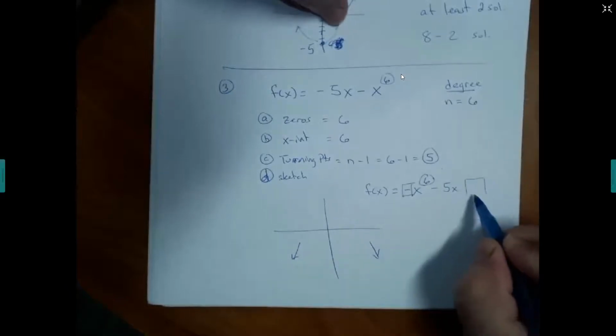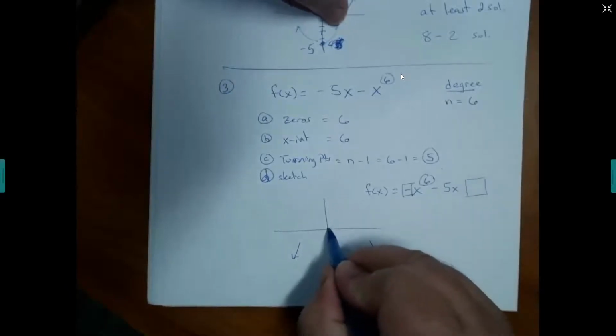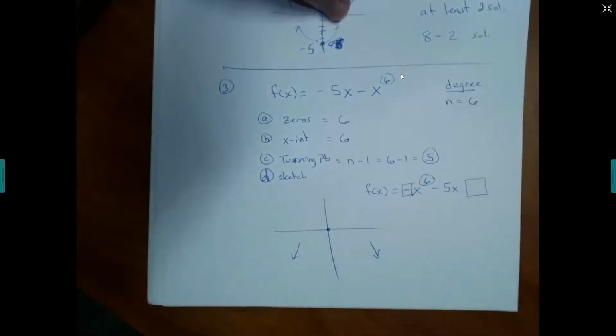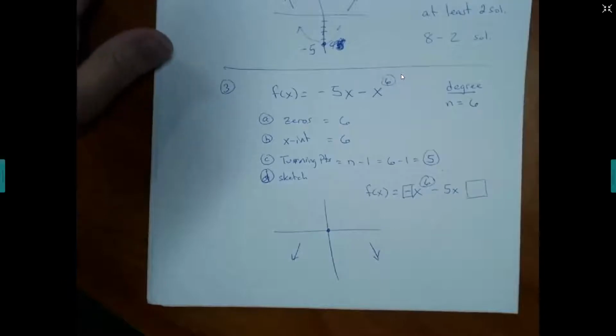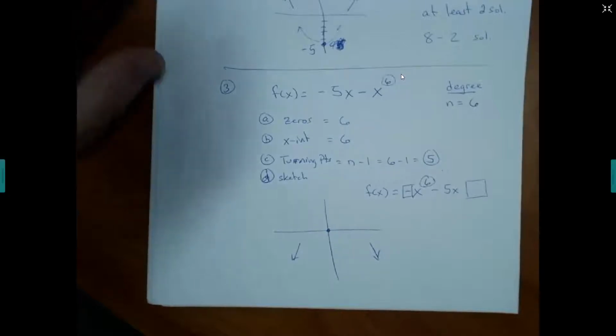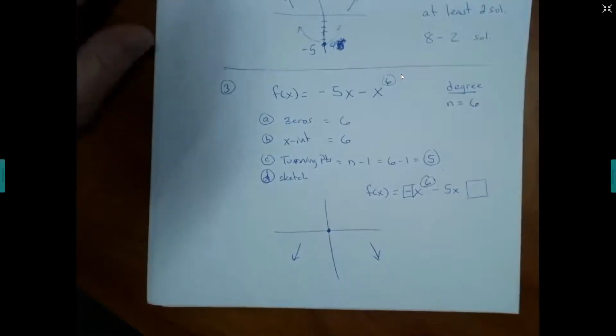Since we don't have a constant, 0 is our y-intercept. So all we know from that equation is we'll have at least 1, at most 6 solutions, because there's 1 solution and who knows what else happens.